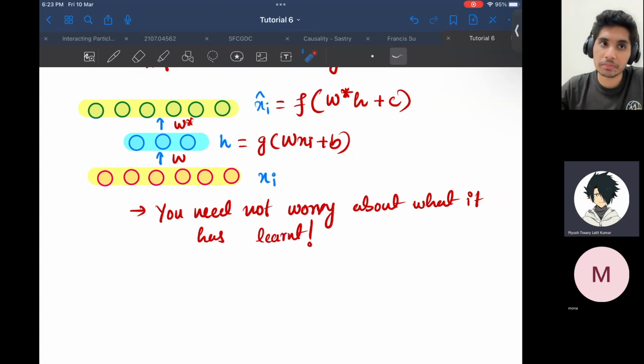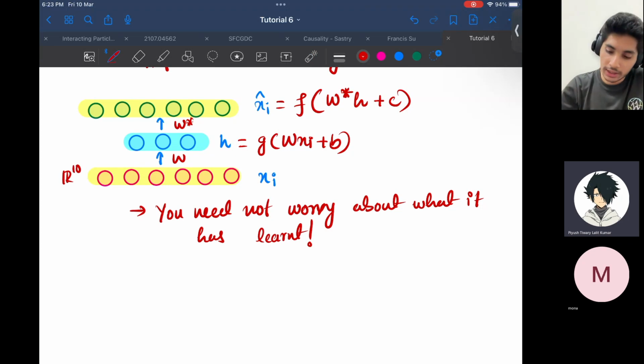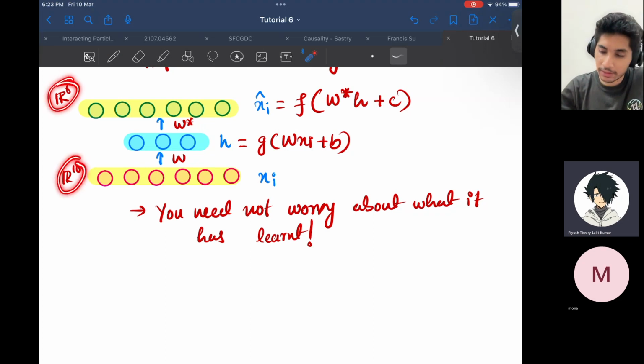Am I making sense, or is it not clear? Okay, so that is the reason. Let's say you are given a vector in R10, a 10-dimensional vector, and you say that in my output layer I won't make it R10, I will make it R6. There is no way that this R6 will be the same as R10.